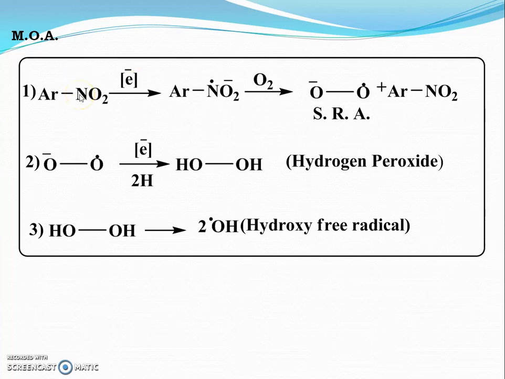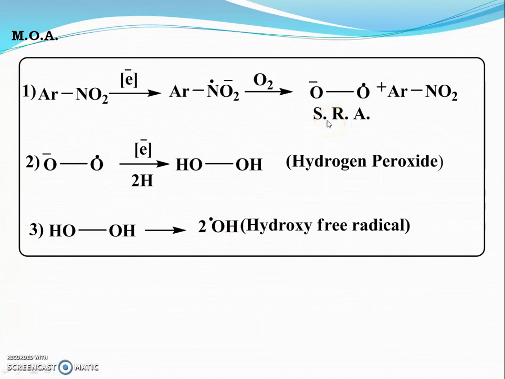All these agents have a nitro group at the fifth position of their structure, so they are known as nitroaryl derivatives. This nitro group undergoes reduction and subsequent oxidation to form superoxide radical anion. This superoxide radical anion undergoes reduction to become hydrogen peroxide. Now this hydrogen peroxide undergoes homolytic bond cleavage to form hydroxyl free radical.